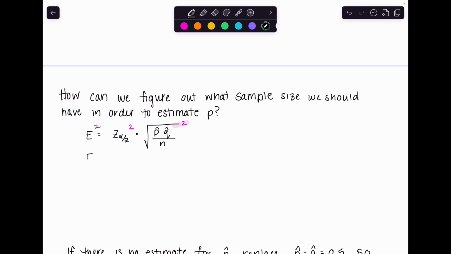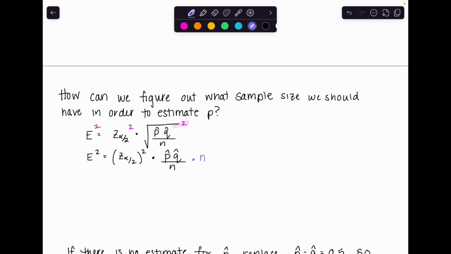So this gives me my error squared is equal to whatever that critical Z value is squared, and then I have my P hat, Q hat over N. Again, I want to solve for N, so I don't like that it's in the denominator.